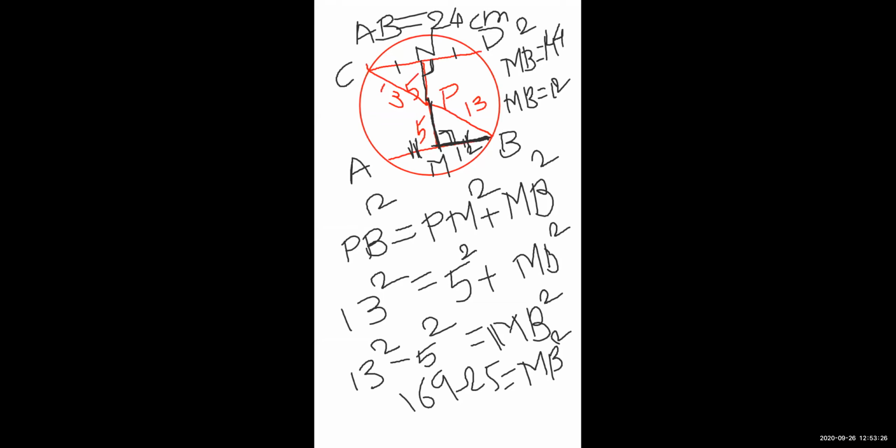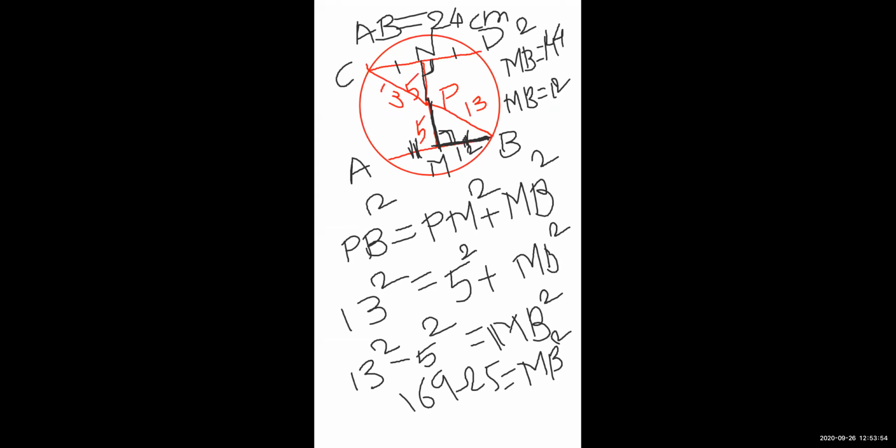हमने डबल कैसे बोल दिया? Because we know that bisect means equal parts. तो अगर MB is equal to AM, तो आप वैसे भी कर सकते हो. MB is 12, AM is also 12, and AB is the addition of AM and MB. So 12 plus 12 is 24. आप addition में भी कर सकते हो. You can also find it by multiplication. And these chords are equal.